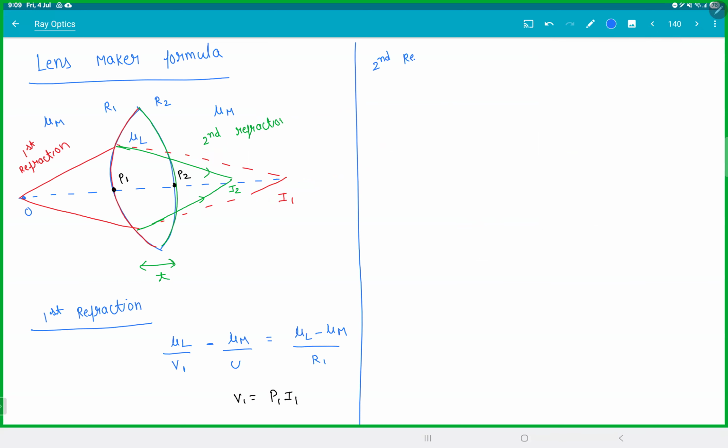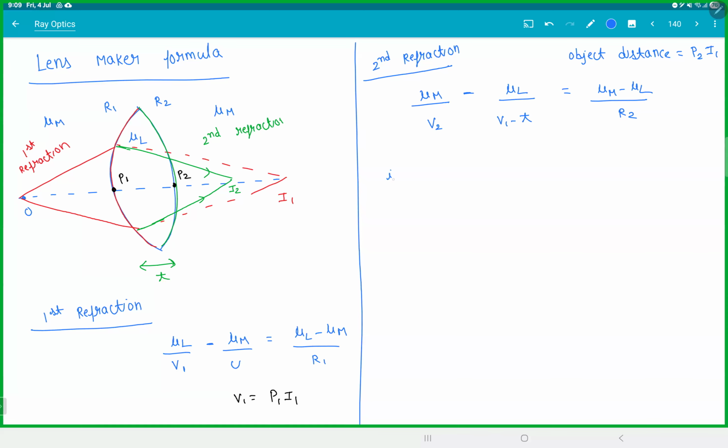So when you apply the formula, again, refraction on curved surface for the second part, mu M by V2 minus mu lens by the distance, which will be measured from P2, so V1 minus T, where the object distance is P2 I1, is equal to mu M minus mu L by R2.